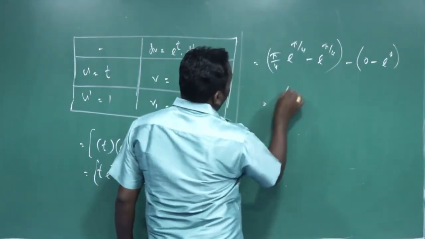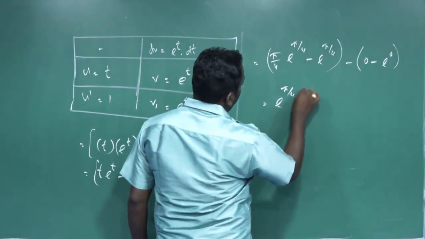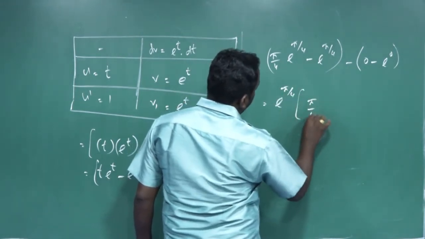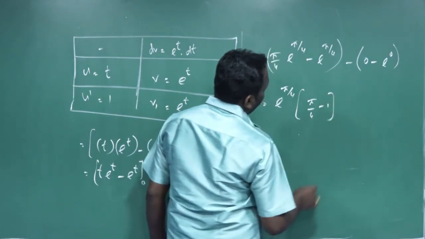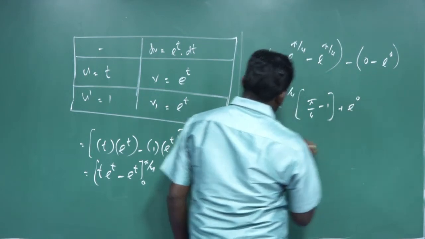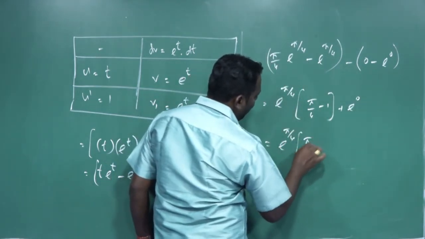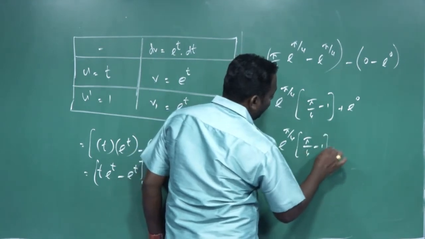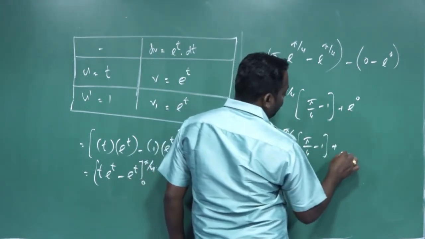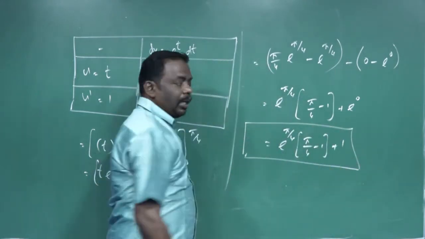In this term, e power pi by 4 is common, taking it out, the remaining is pi by 4 minus 1 in the first term. Then minus minus plus e power 0. That is e power pi by 4 times the bracket of pi by 4 minus 1, and e power 0 equals 1. Therefore, this is the final simplification of the given integral.